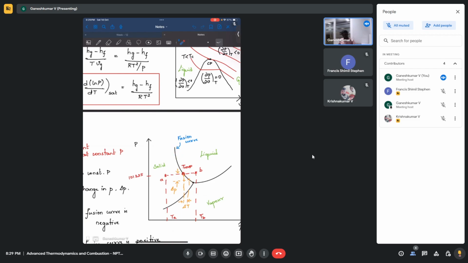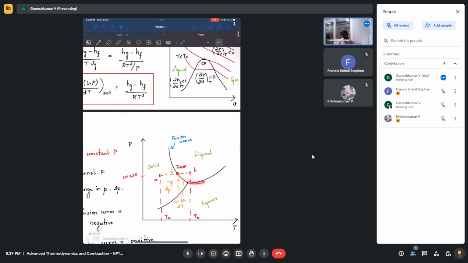Let's say this is liquid vapor, this curve. All this happens here. Ignore this. The liquid vapor mixture region is there, inside the dome.